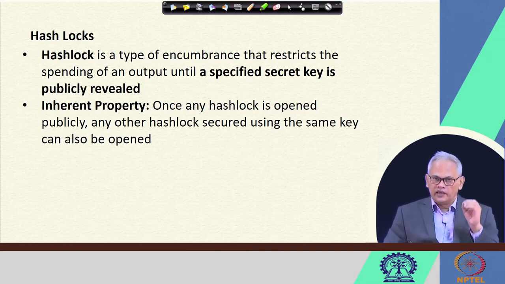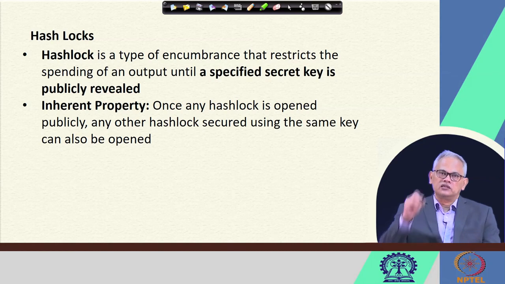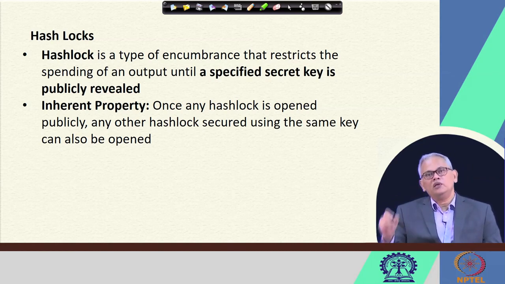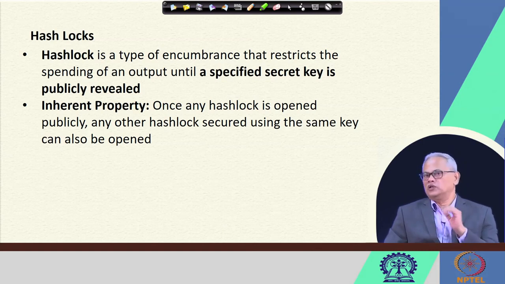So, let x be the pre-image, hx be its hash, and using hx, say contract A is locked, also contract B is locked, and when x is revealed, then contract A will get executed and at the same time contract B also will get executed.